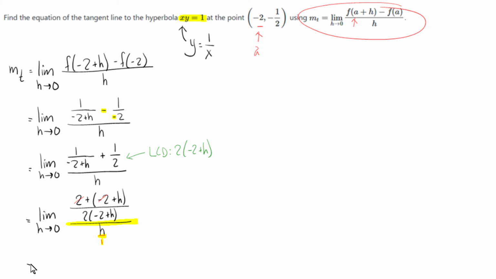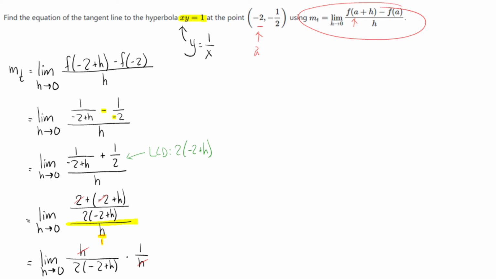So we have the limit as h goes to 0 of h over 2 times -2 plus h, times 1 over h. And now we can see that this h cancels this h.